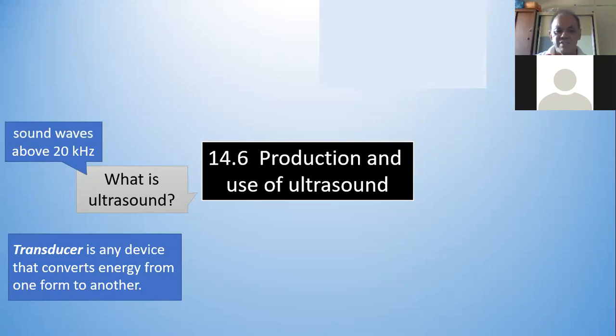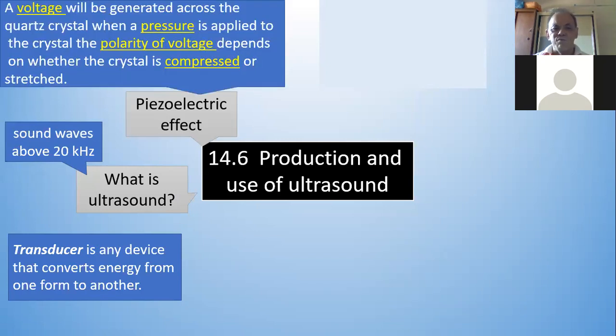The transducer is both a receiver and a producer of ultrasound. Piezoelectric effect: we say that a voltage will be generated across a quartz crystal when there's a pressure applied, and the polarity on the crystal depends on whether it's compressed or stretched.